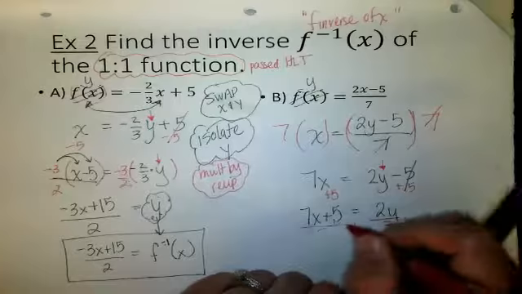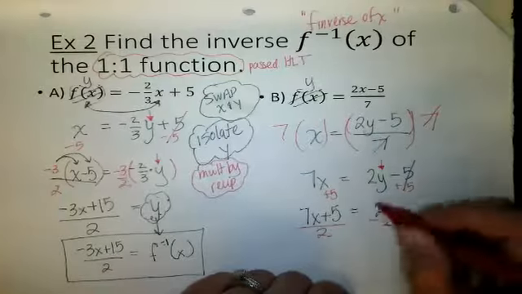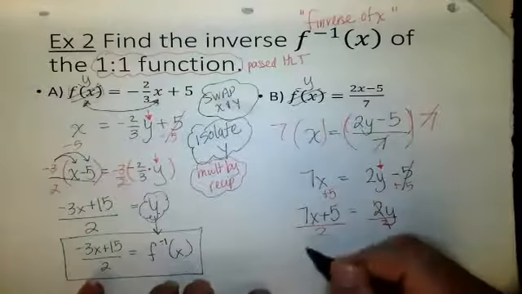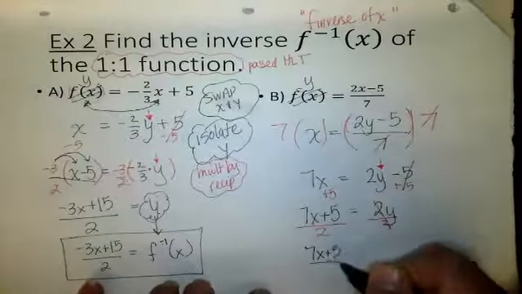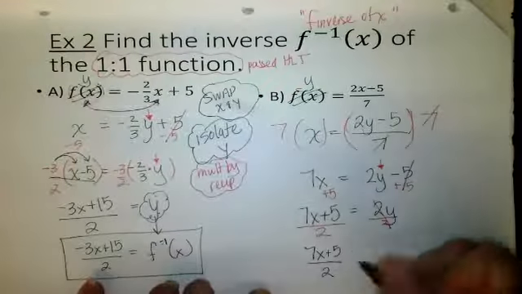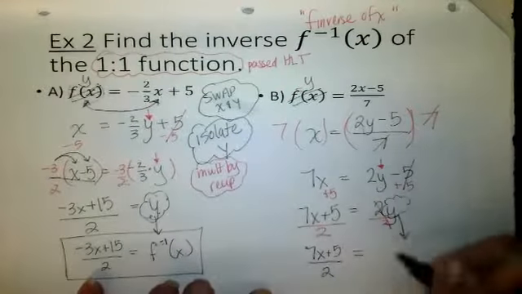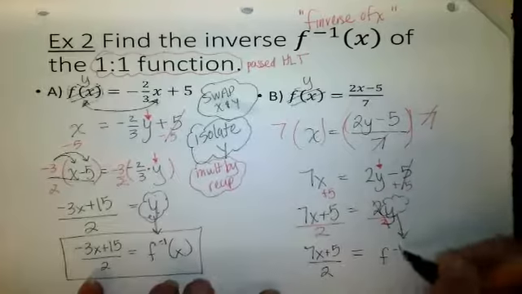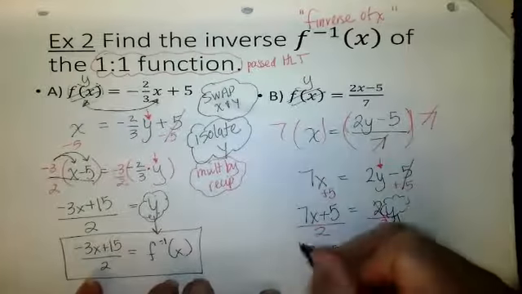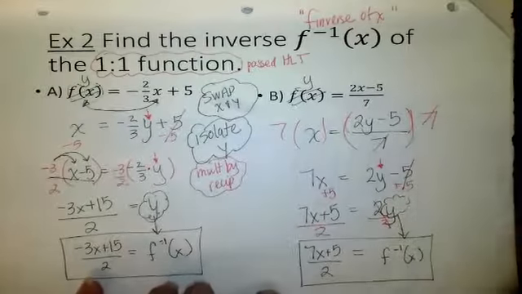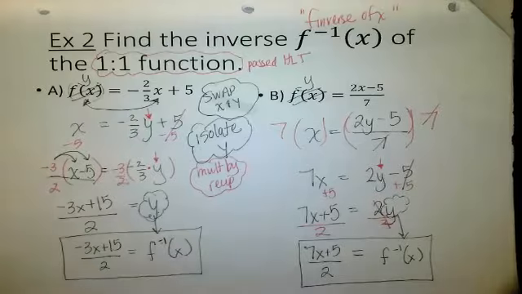Yeah, divide everything by 2. The 2's cancel out. I get (7x plus 5) all divided by 2. And again, I'm just going to trade out the y for function inverse notation, so f inverse of x. So trading in notation. Okay, questions on those two?